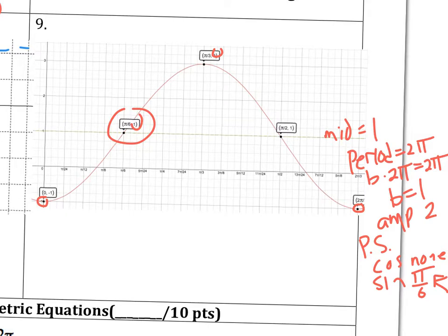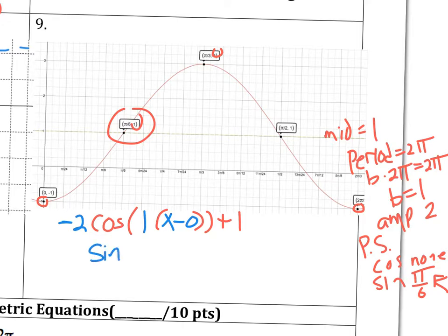Okay, cosine equation first. I'm going to build my equation. We know the midline's plus 1. Cosine is starting at the negative side, so it's going to be negative amplitude, negative 2. B is going to be 1, and we're looking at x minus 0 because we said no phase shift. For sine, the period doesn't change.